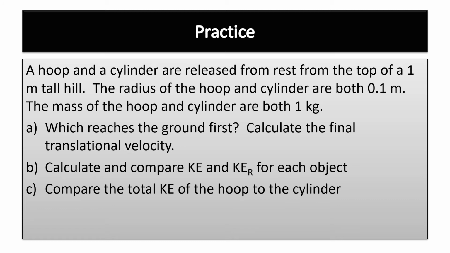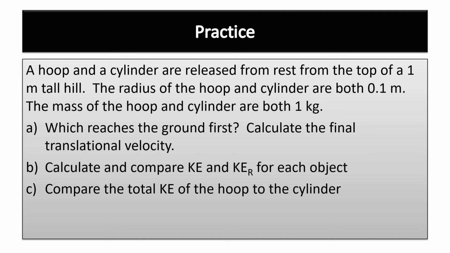Okay, we have a lot of tools in our tool belt now. How are we going to do that? Part B says to calculate and compare the translational and the rotational kinetic energy for each object, just to see. And then part C says, compare the total kinetic energy of the hoop to the cylinder. So individually for each one, I wonder if maybe it's going to have more rotational kinetic energy than translational.